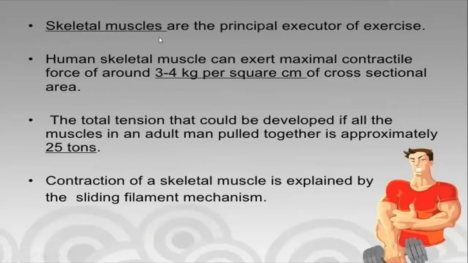So skeletal muscles are the principal executor of exercise. Human skeletal muscle can exert maximal contractile force of around 3 to 4 kg per square centimeter of cross-sectional area. This is called the strength of the muscle.